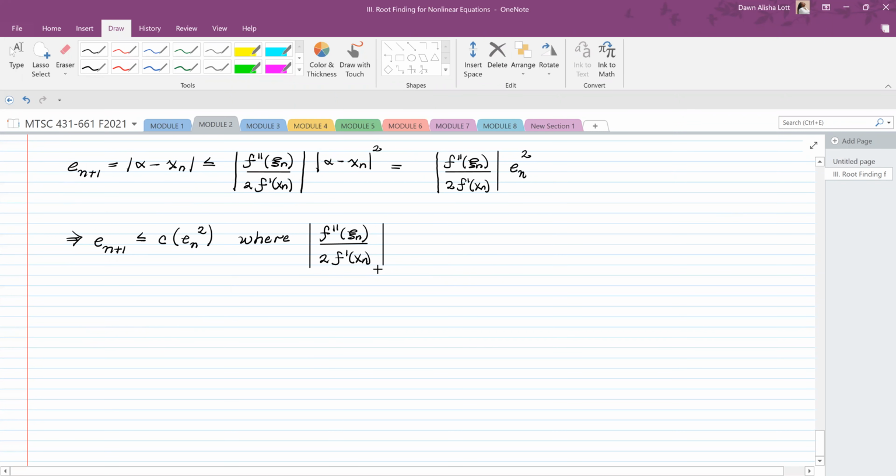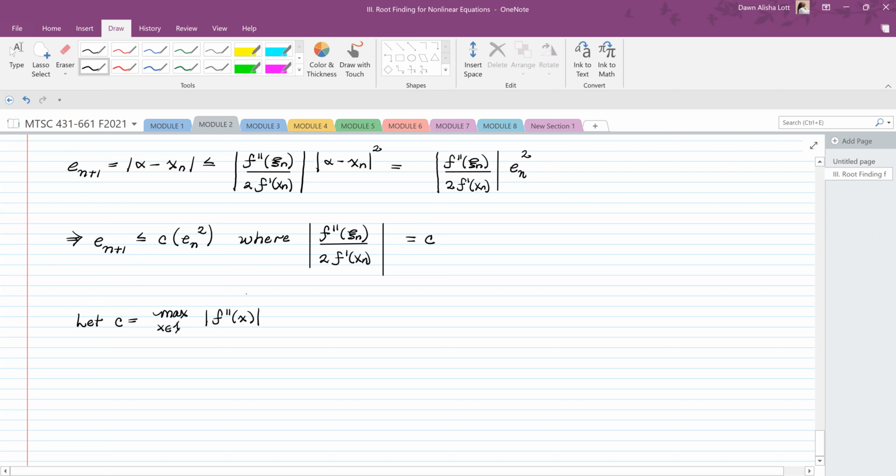So in fact, we're going to let c equal the max over all x in the interval between a and b of the absolute value of f double prime at x.